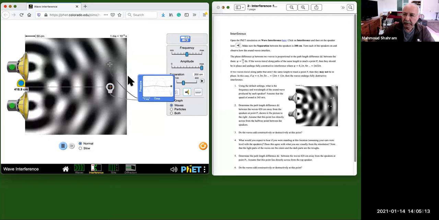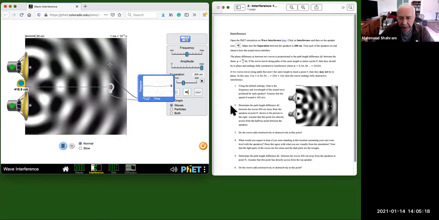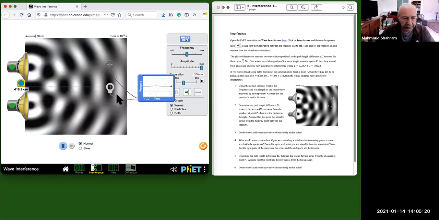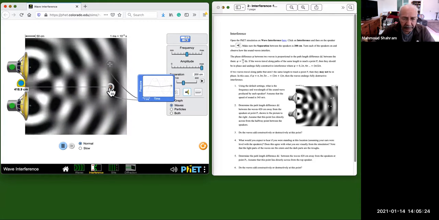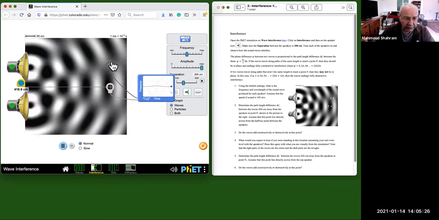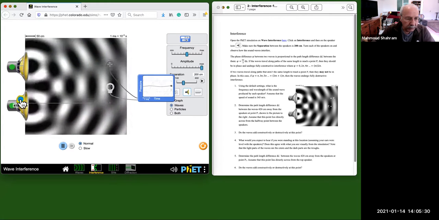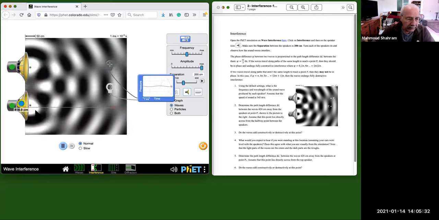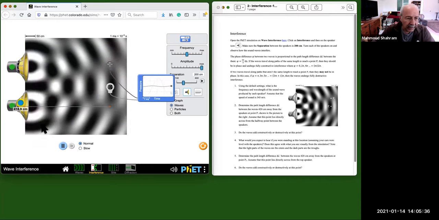It's not changing. So in this part, you will want to find out what happens at this point P1 and what happens at this point P2.